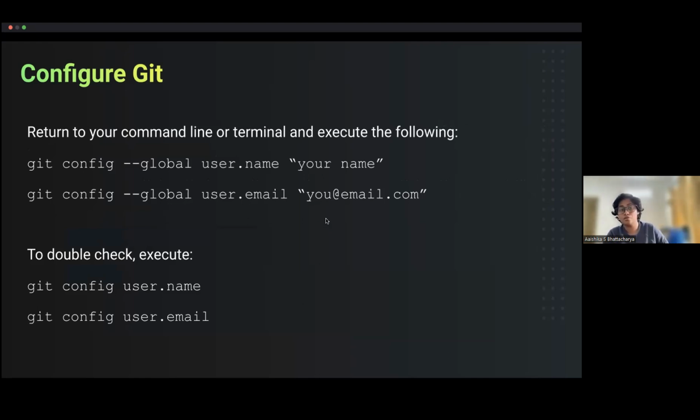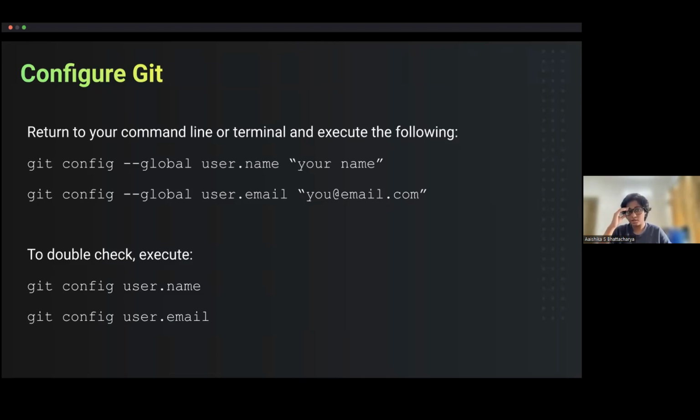Now we would want to return to the command line or terminal, whichever we are using, and execute the following commands, which would be git config space --global space user.name followed by the username that we have on GitHub. Basically, we are configuring Git to recognize our username and our email that is going to be associated with all the commits that we try to push.